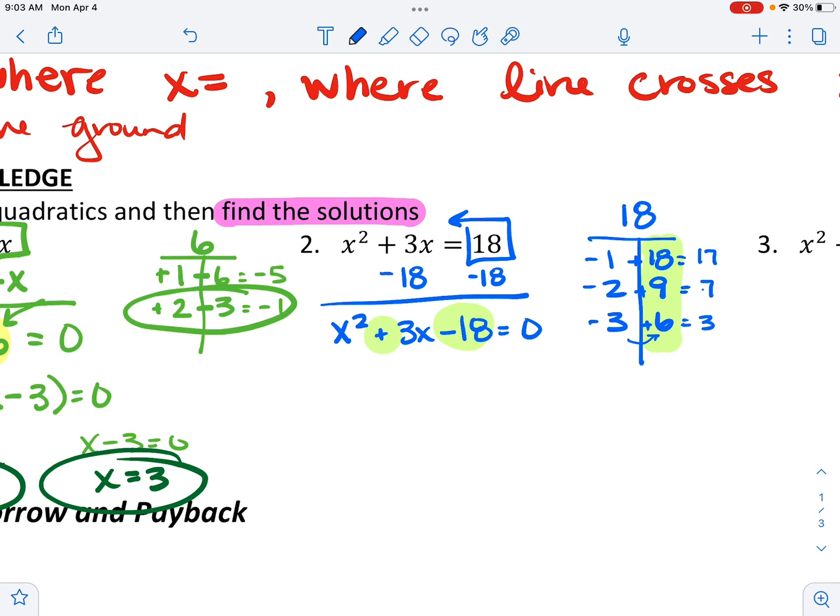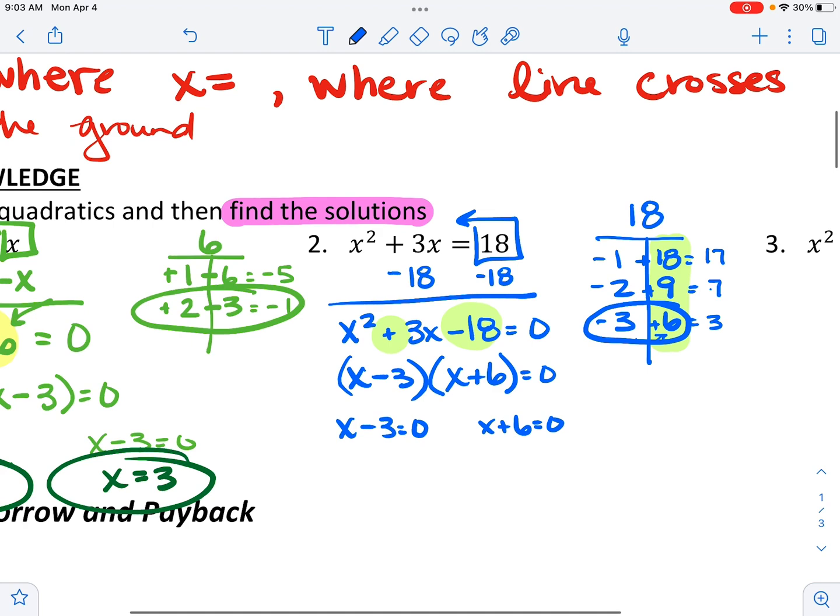And so the pairing that is magic for us is this one. That becomes x minus 3 and x plus 6. Now this is the factored form. In order to find the solutions, we break them up and we find out what the opposite operation is. So we have x minus 3 is equal to 0.